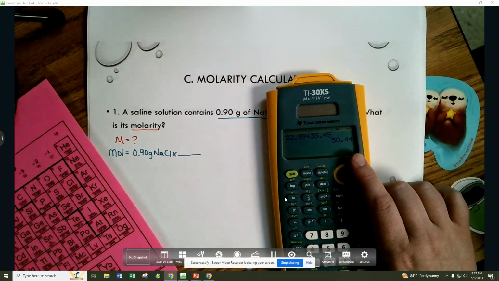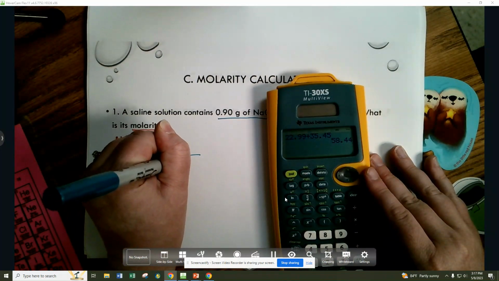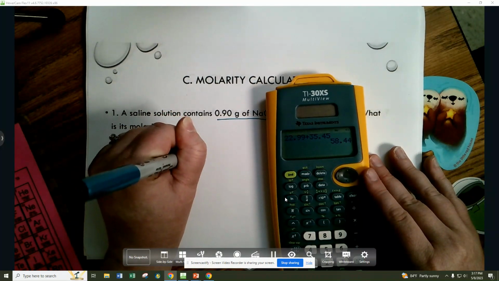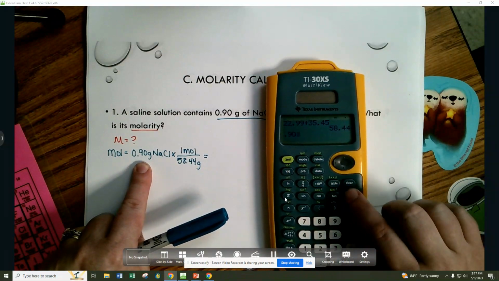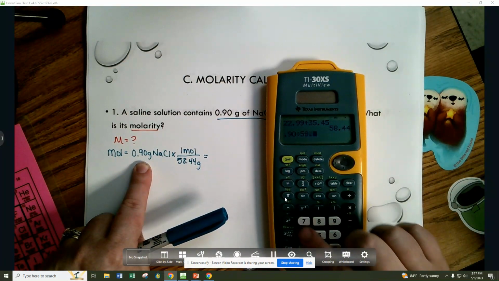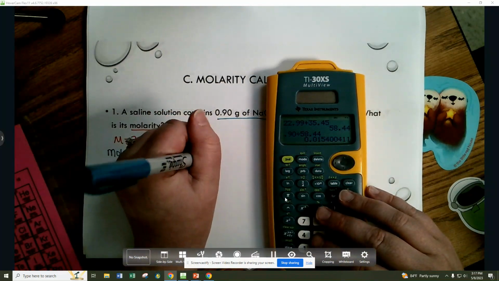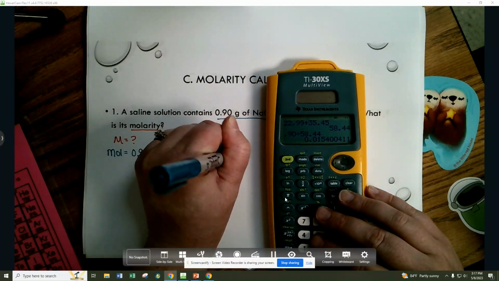In order to get from grams to moles, I need to divide by the molar mass of 58.44 and multiply by the 1 mole. I'm going to keep 2 sig figs from my 0.90. And we get a pretty tiny number here. So we get 0.015 moles.